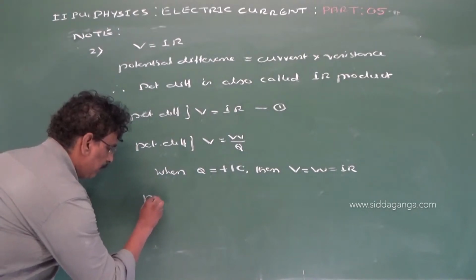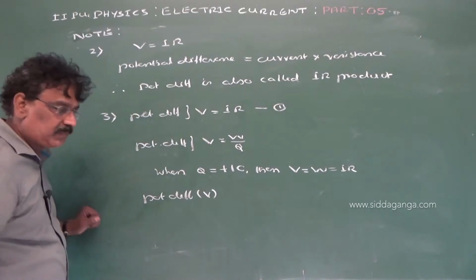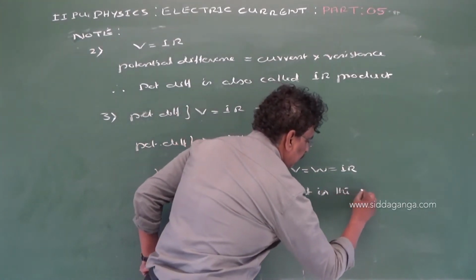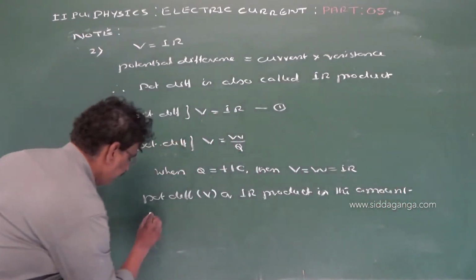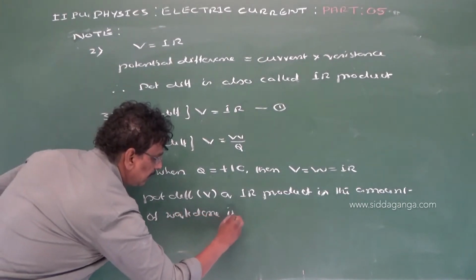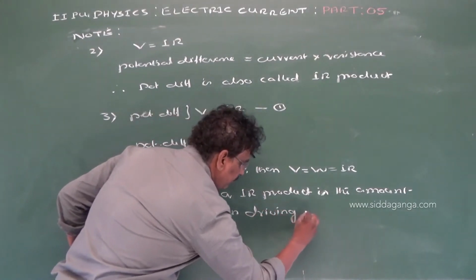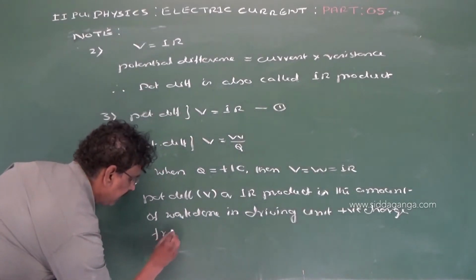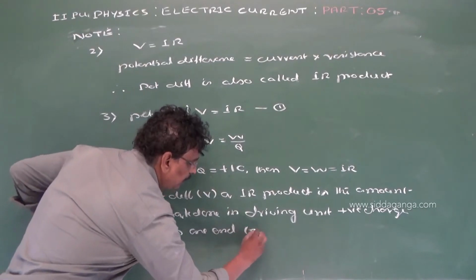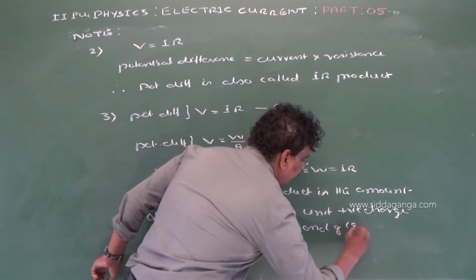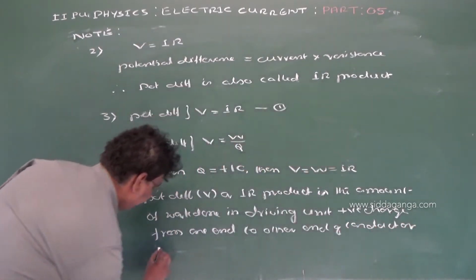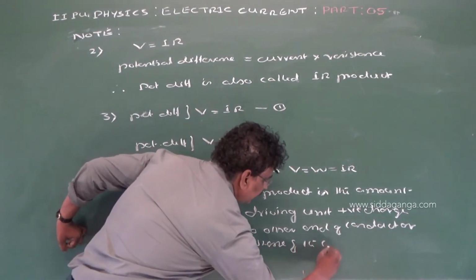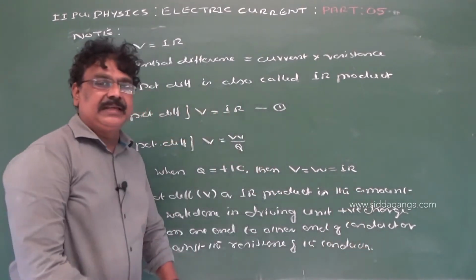That means potential difference V or IR product is the amount of work done in driving unit positive charge from one end to the other end of the conductor against the resistance of the conductor.